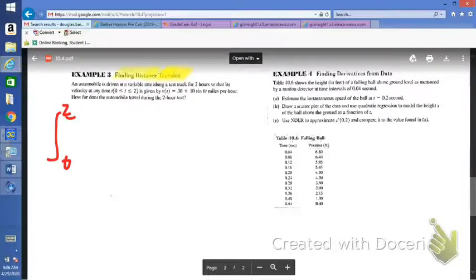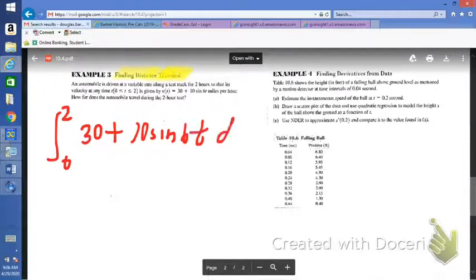So there's our upper and lower bound. There we go. Our function is 30 plus 10 sine of 6t, and then dt, so our variable's t.